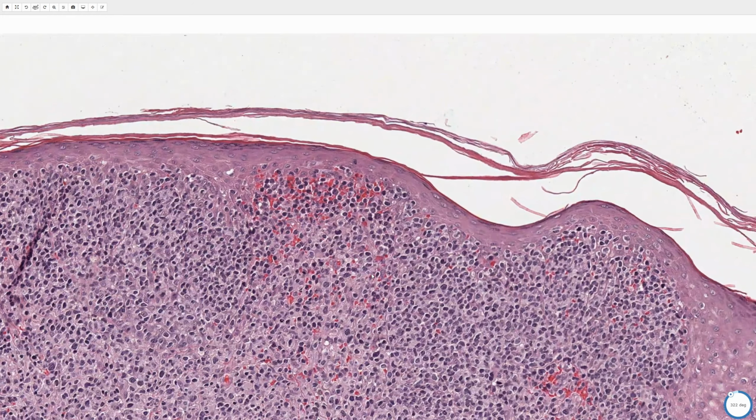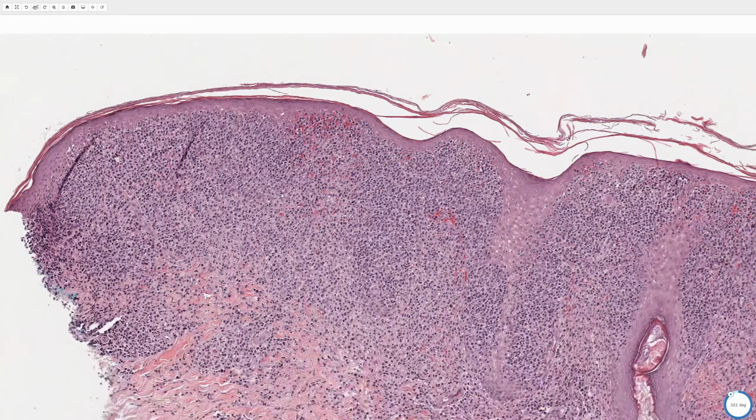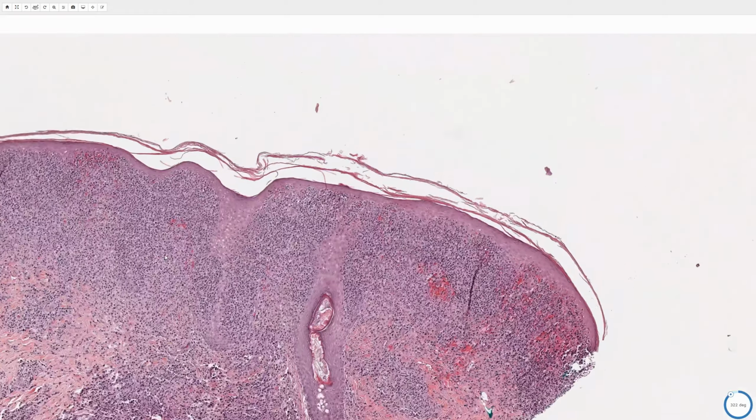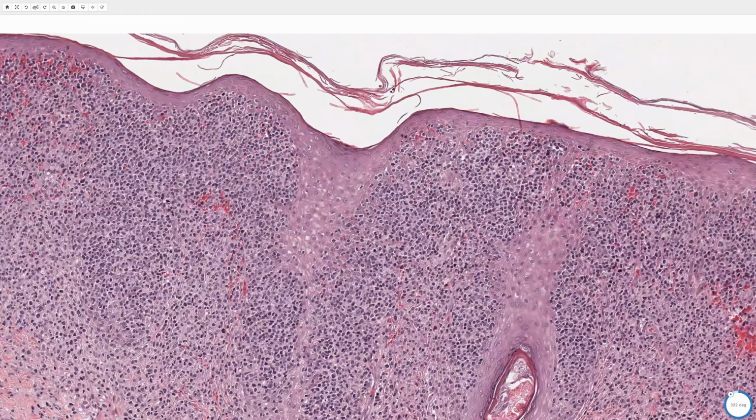So some of the cells are at the DEJ and then also diffusely throughout the dermis and extending along adnexal structures deeper into the dermis here. And histologically, they look very similar to what we saw before. And these collections often have a cerebriform cytologic appearance. You may see large cell transformation. Epidermotropism may be lost, and there is no Grenz zone.